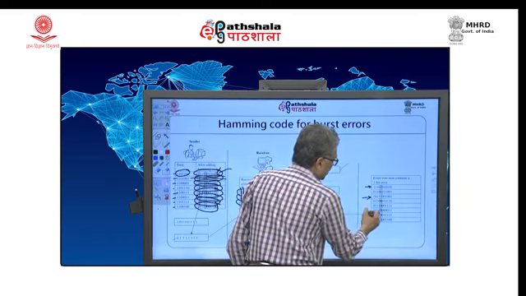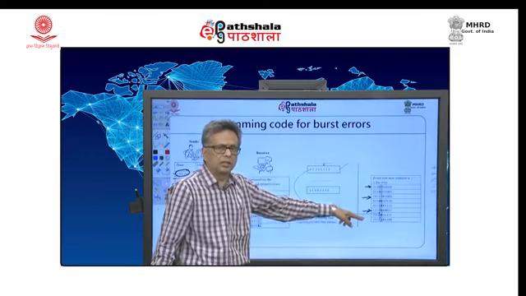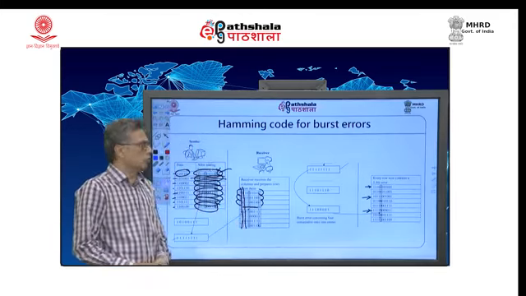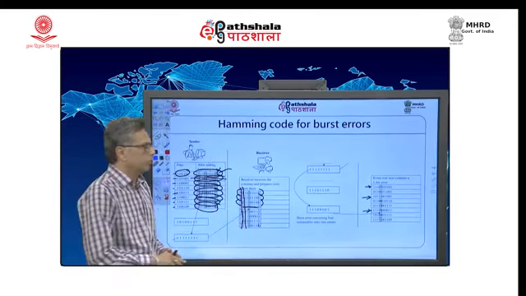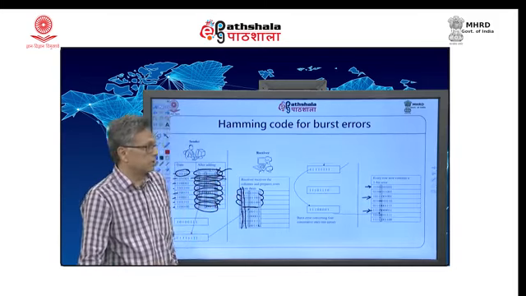Since each row experiences a single bit error, you can always recalculate the Hamming code to get those values back. So, that is the power of Hamming code which you can use for burst errors.